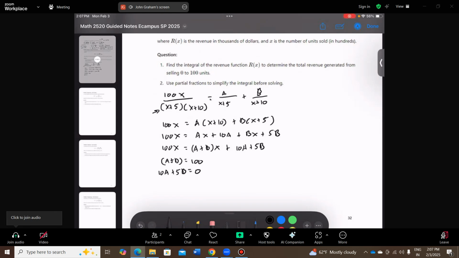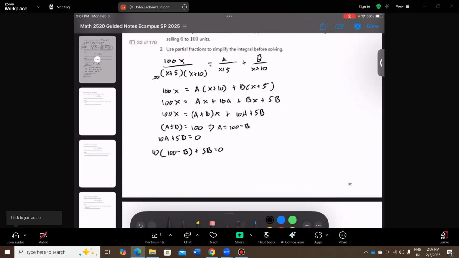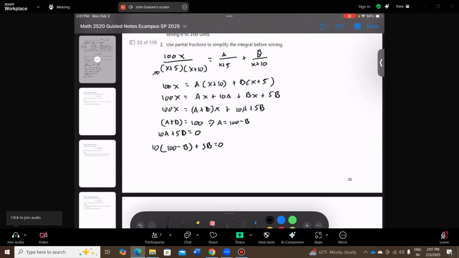Right, so we have two equations, two unknowns. We can solve it by first having A equal 100 minus B and plugging that in for A. So 10 times 100 minus B plus 5B equals 0. So 1000 minus 10B plus 5B equals 0.